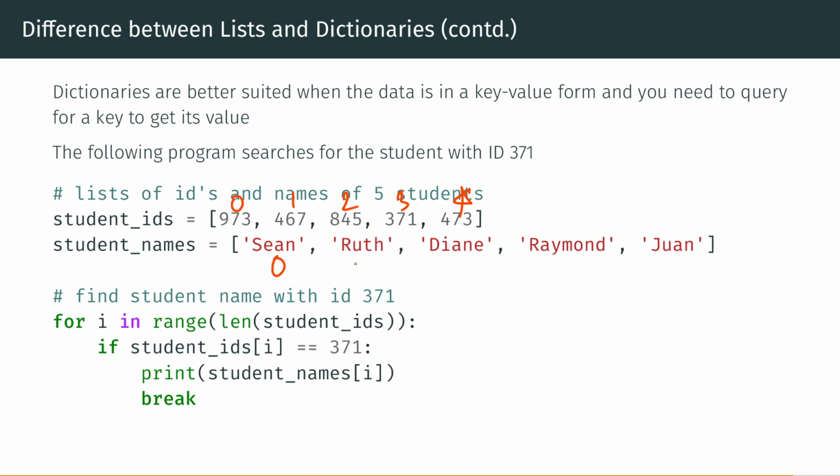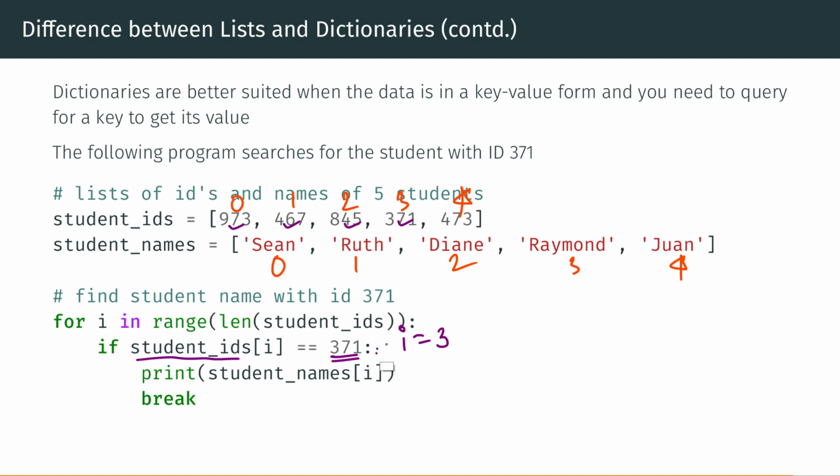For every index, check if the ID stored in that index is equal to 371 or not. We check each of these, and then we find that the student ID at index i equals 3 equals 371. So when i is 3, this condition equals true.